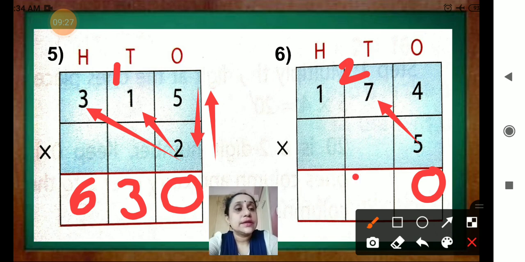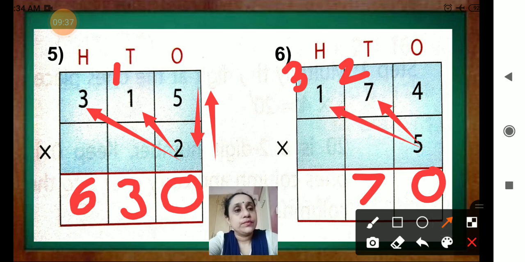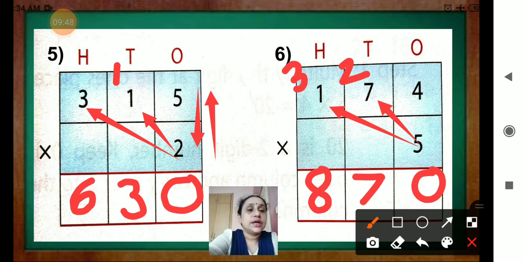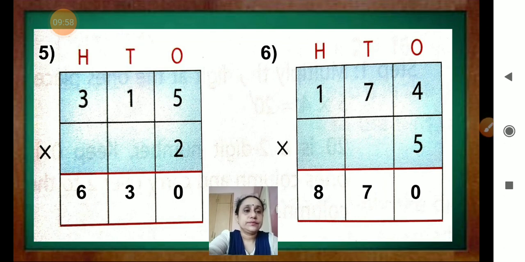So you will write 7 here and 3 will be carried to the hundreds place. Now 5 ones are 5 and 5 plus 3, 8. 870. Okay. Correct answer. All are finished? Very good.